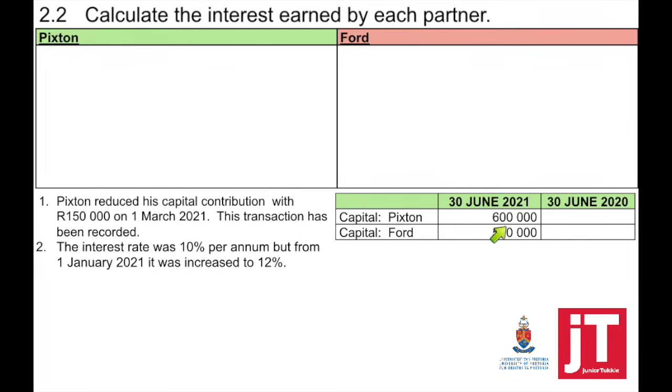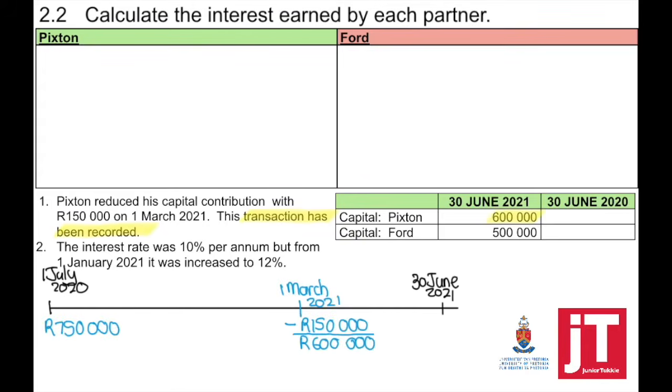Now they provided me with the end balances. If my accounting period ends 30 June, it starts the 1st of July, this was decreased on the 1st of March 2021. And because this has been recorded, that balance of 600,000 is the balance after the partner decided to reduce his capital.